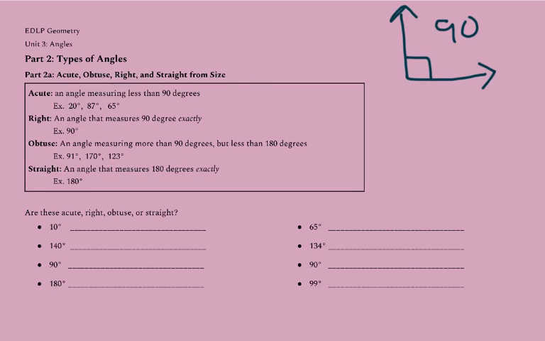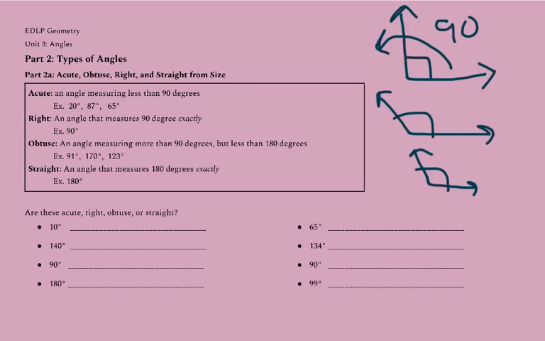Then from that frame of reference, we go, okay, well, we went smaller, we hit 90, and now we're going to go a little bit bigger this way. And we have what are called obtuse angles. So it doesn't have to be much bigger, but it does need to be bigger than 90.